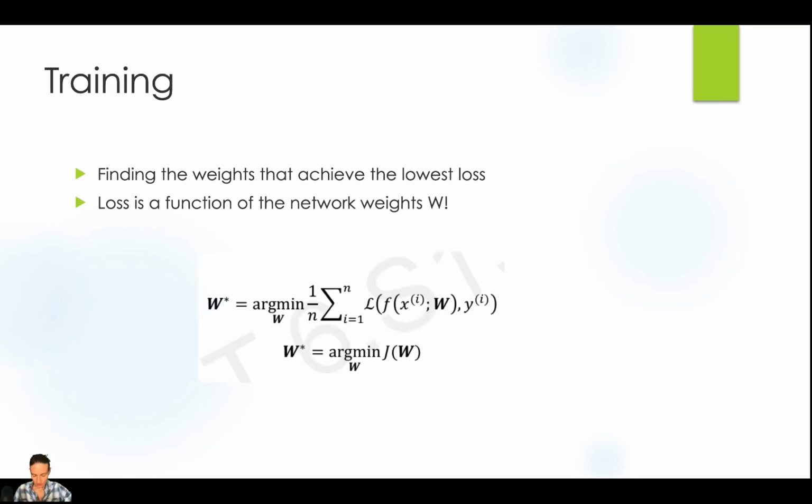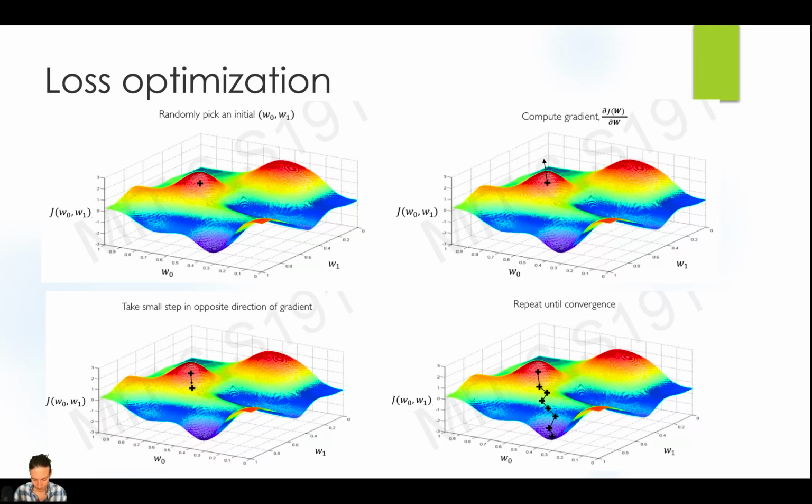So how do we train the models to optimize the loss functions? We want to find the weights that achieve the lowest loss as we defined by our function J(W) earlier. So J, the total loss of the network, given weights W. When we do our loss optimization, we get into the domain of optimization, which is quite complex.